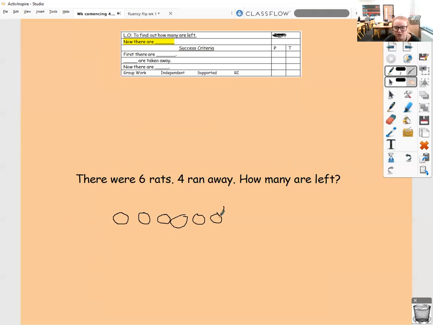I know I could cross them out. 1, 2, 3, 4. So first there were 6 rats, then 4 ran away. How many are left? So 6 take away 4 equals how many are left?